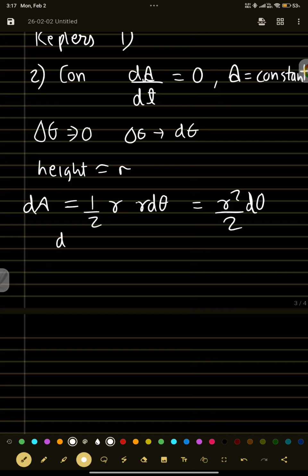And what is r square theta dot? So dA dt being a constant is equivalent to conservation of angular momentum.